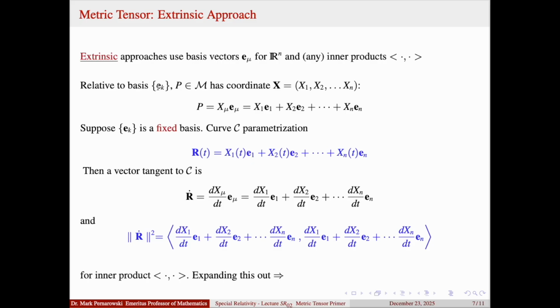Let's suppose I have basis vectors for Rn, and I've got a point that's on this surface. This is a higher dimensional surface, and it has coordinates x1 through xn. That's, let's say, Cartesian coordinates.